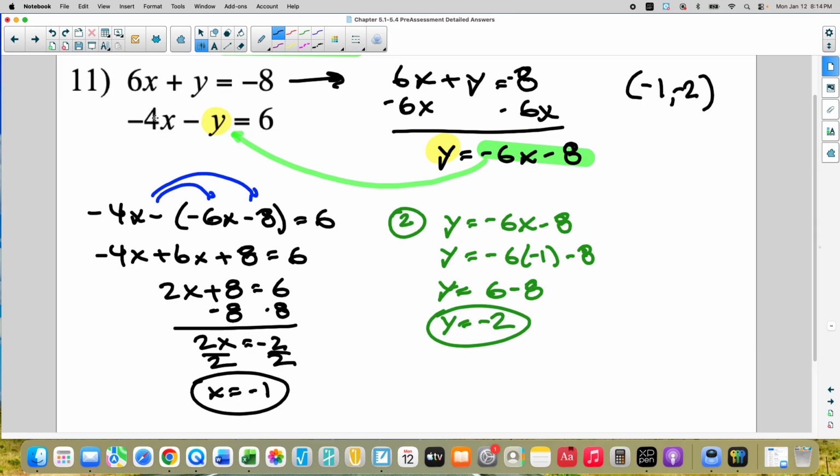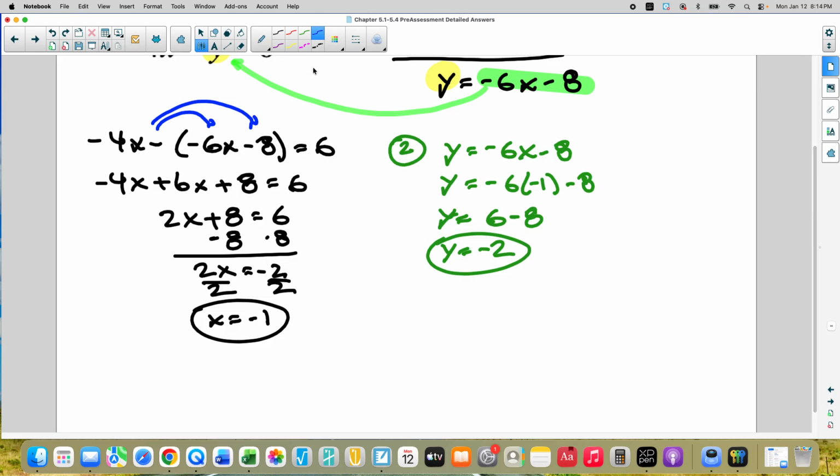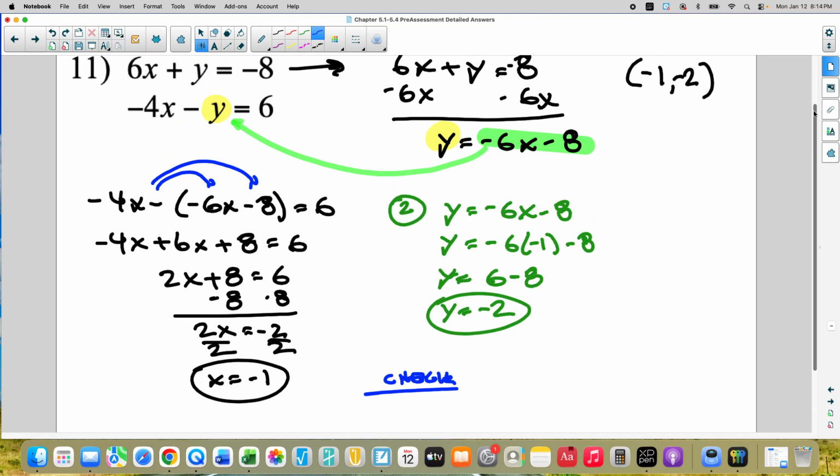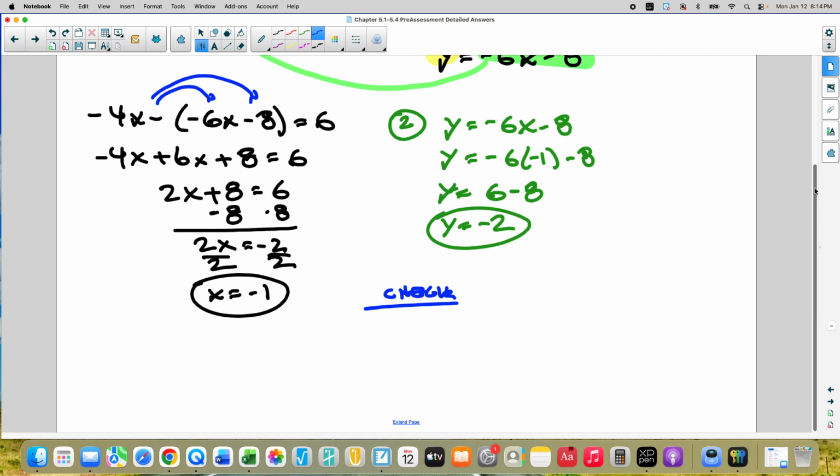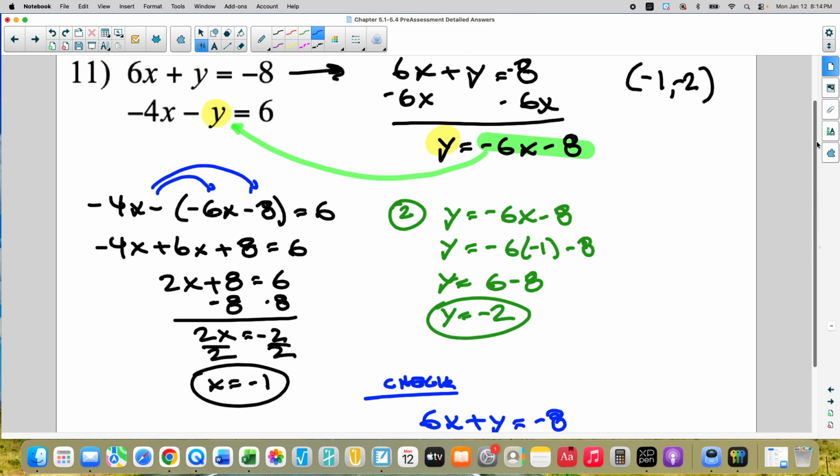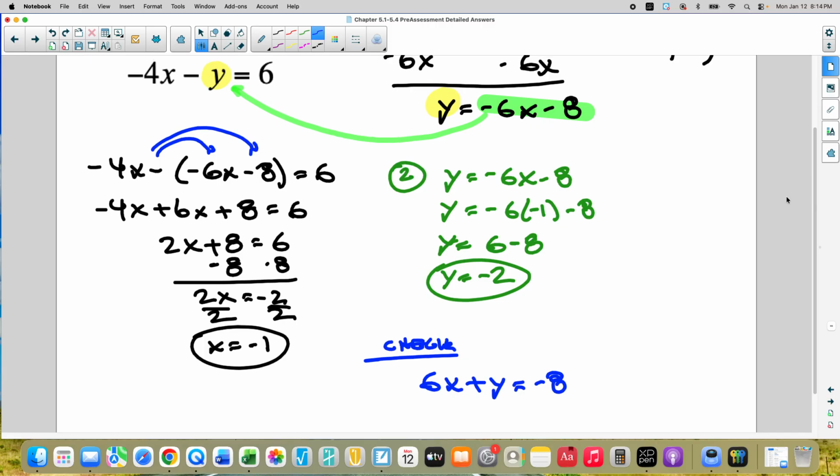I used that to find my y, so I'm going to use the top equation to check. And that top equation is 6x plus y equals -8, I think is what it was. Ooh, that's this one, sorry. That's that equation. I got to use this equation, sorry.